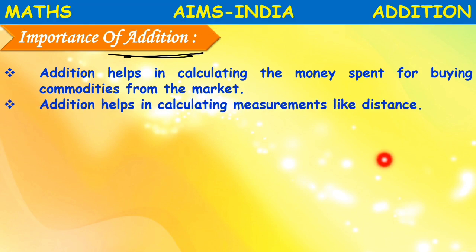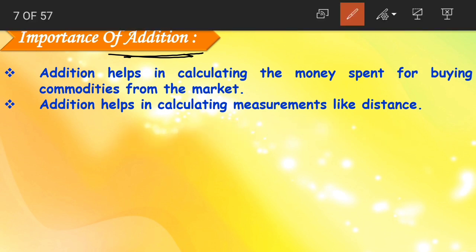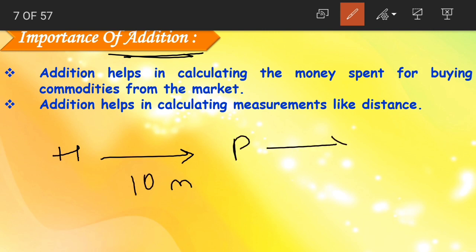Addition also helps in calculating measurements like distance. If the distance between my home and the park is 10 meters, and from the park to school it is another 5 meters, how will I know the total distance from my house to the school?